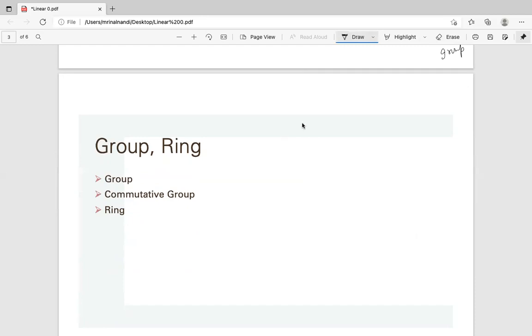Now, what is a group? I already discussed what a group is. A group is a non-empty set G with a binary operation, so A star B is in G for all A, B in G, and with 3 extra properties: associativity, existence of identity, and existence of inverse.